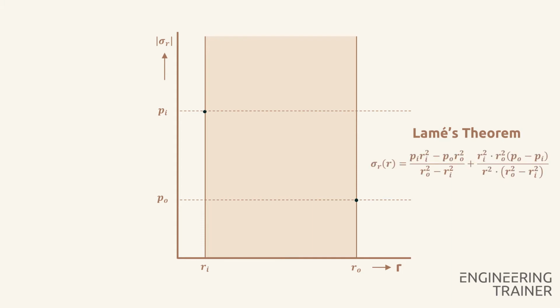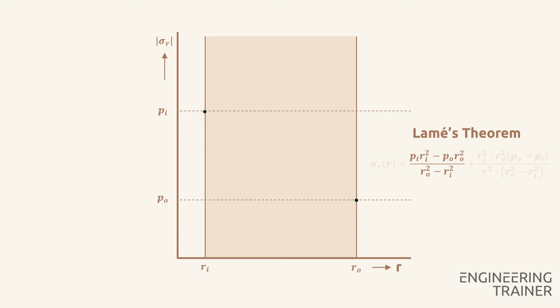Now this expression looks somewhat complex at first sight, but let's take a good look. We see that it contains many fixed values, which are the internal radius, the outside radius, the internal pressure, and the outside pressure. The only variable in the expression is the radius r.